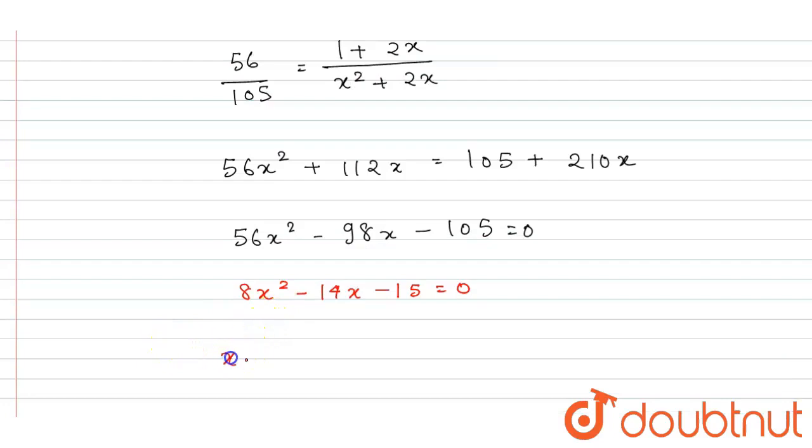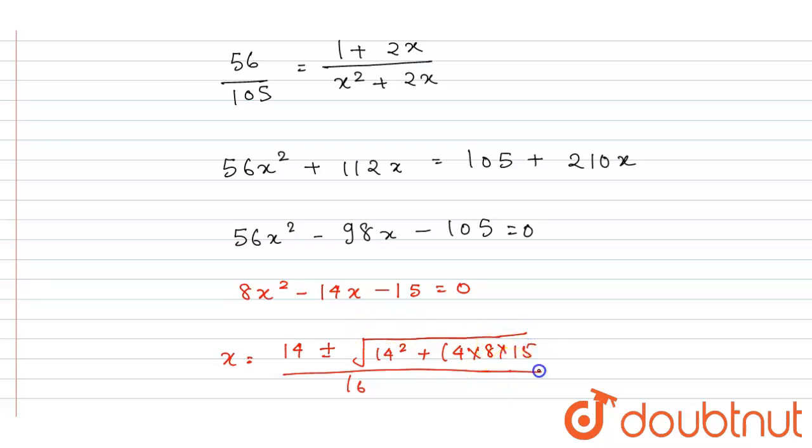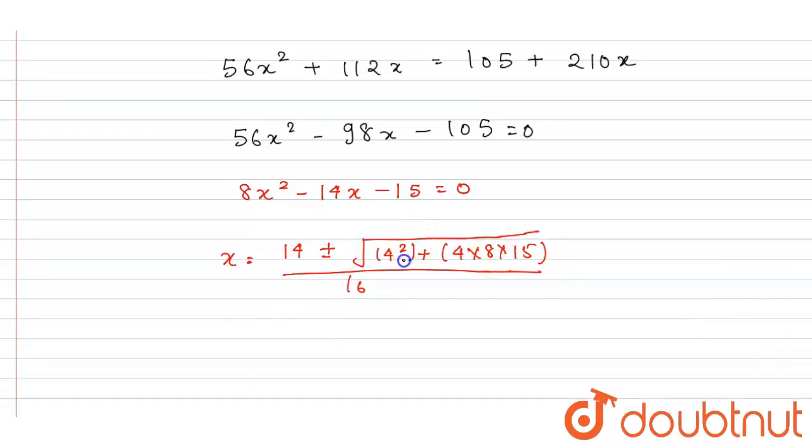If I write down x, it is equal to minus b plus minus under root of b square minus 4ac by 2a. So 2a is 16, b square is 14 square, minus 4ac, which is 4 into 8 into minus 15, so minus minus will become plus. So by using this equation, you can solve it further.